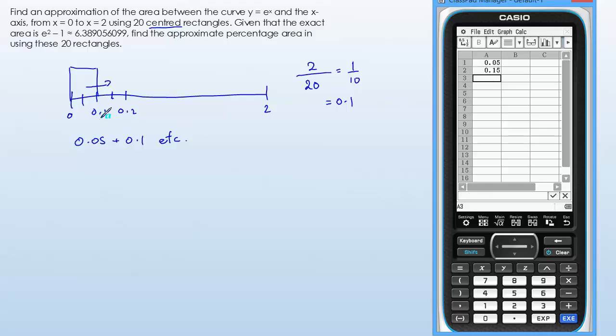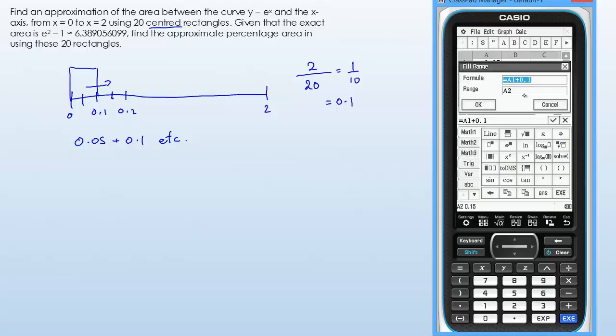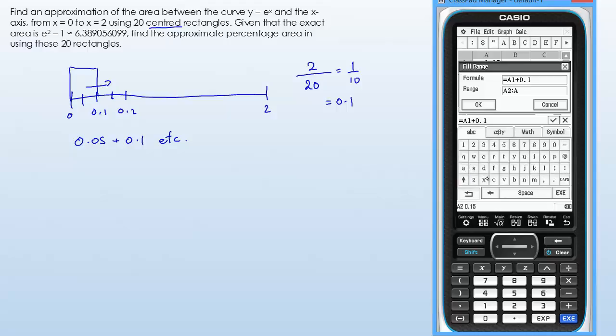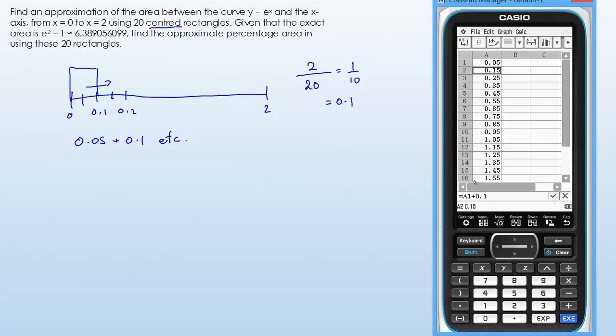So the next one's at 0.15, which is correct. And then go here, and we'll fill a range from A2 to A20 this time. So that gives us all of the centers for our 20 rectangles.